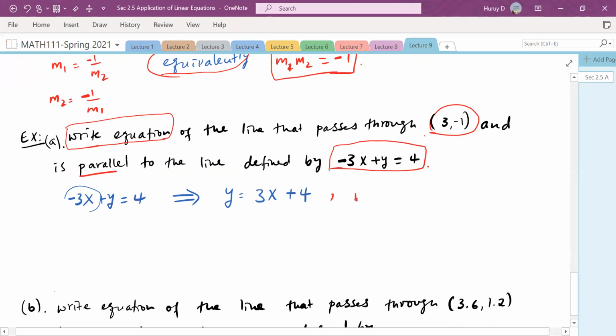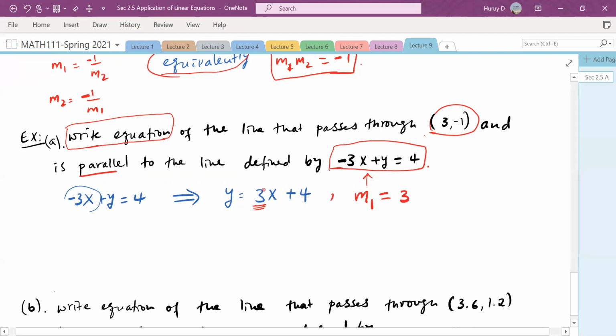So from here, I will call the slope for this one M1. This is for this equation, because we have 2 lines now. One is this, and the other is the unknown line, or the unknown equation. So M1 is what? Just this number. So it's positive 4, right?